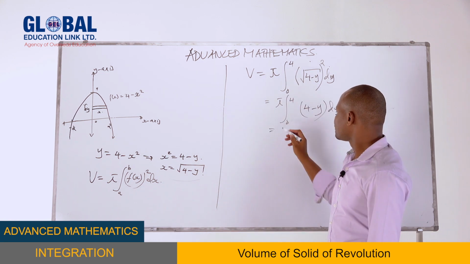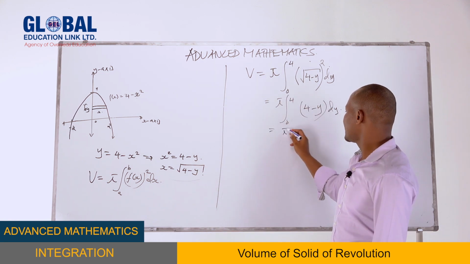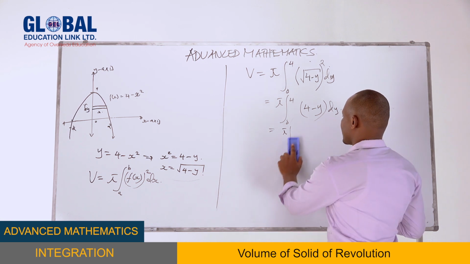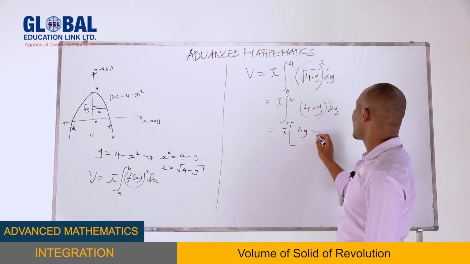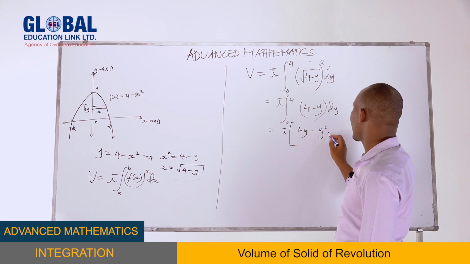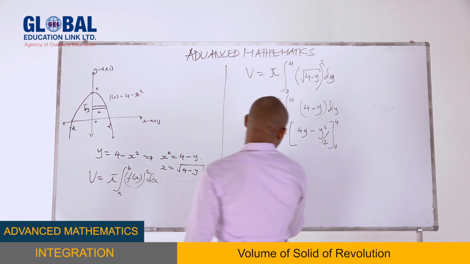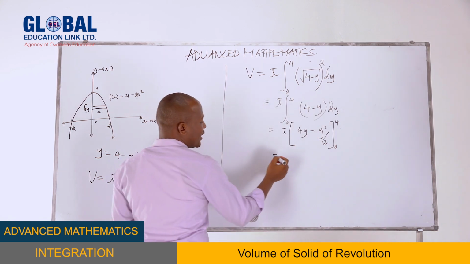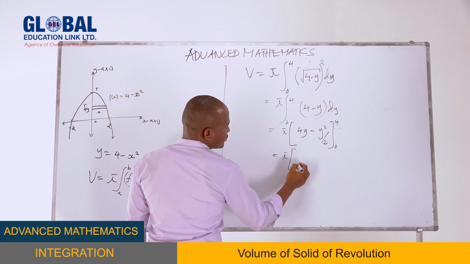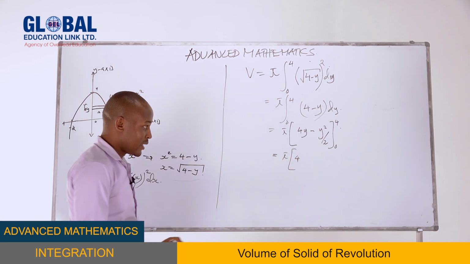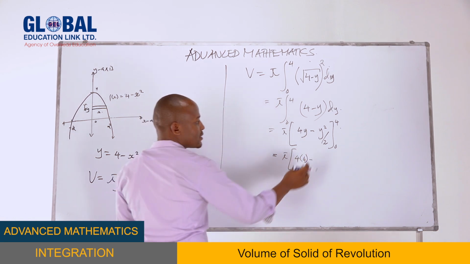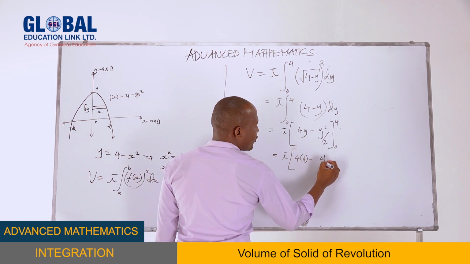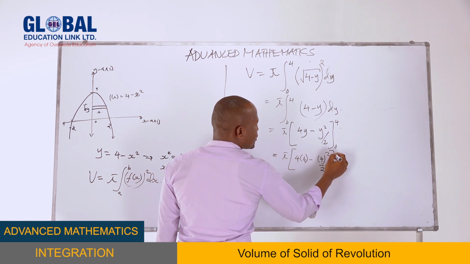Now let's see. If you try to integrate that, it's a pi. Inside the bracket, it will be 4y minus y squared over 2 from 0 to 4. And how will it look again? It will be pi, 4 times 4, minus 4 squared over 2.